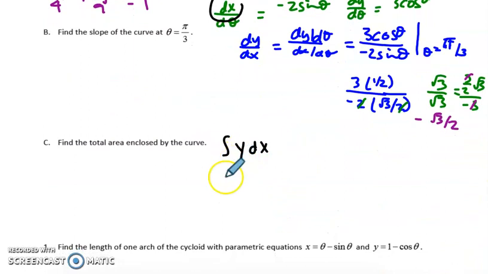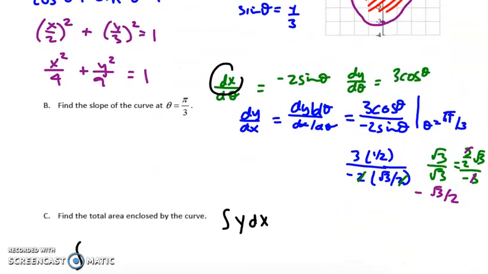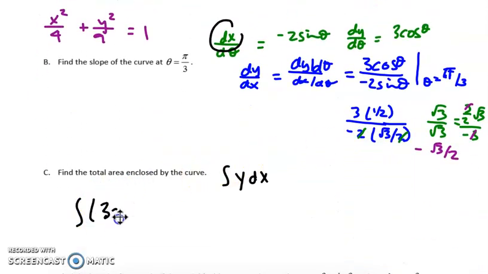So we can actually just write in here the y value, which was 3 sine theta, and my dx value is 3 cosine theta. And of course I'll have a d theta here because I'm just looking for dx, so I had to multiply both sides by d theta.